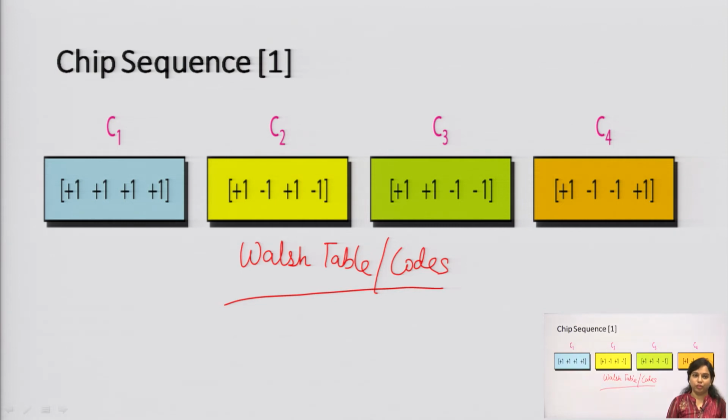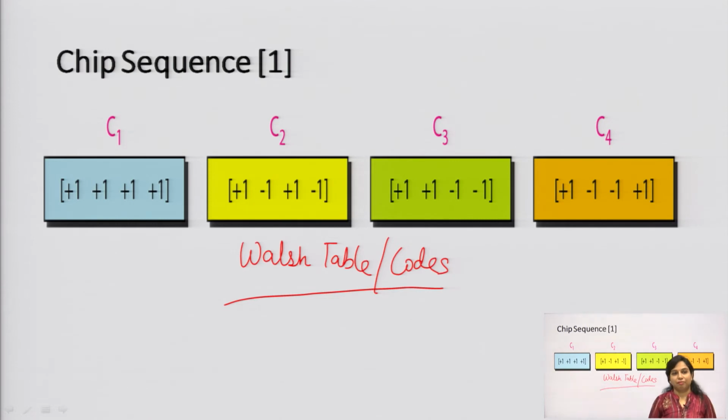This is denoted by chip sequence, and you can see that this is fixed, and this is generated by a specific table denoted by the Walsh table, and we will see in the next coming slides how these codes will be generated.